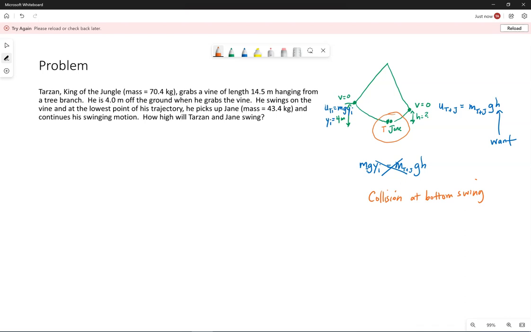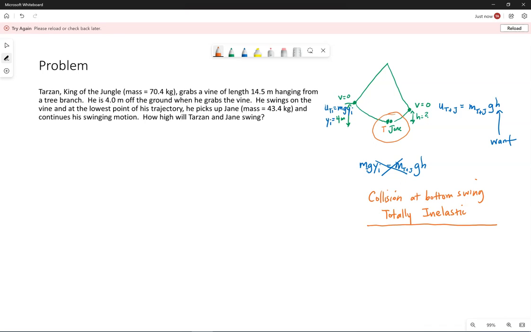If he has picked Jane up and is holding on to her, this is a perfectly inelastic collision, which means the kinetic energy right after he picks her up is not the same as he had right before. There is always a change in kinetic energy when the collision is inelastic.